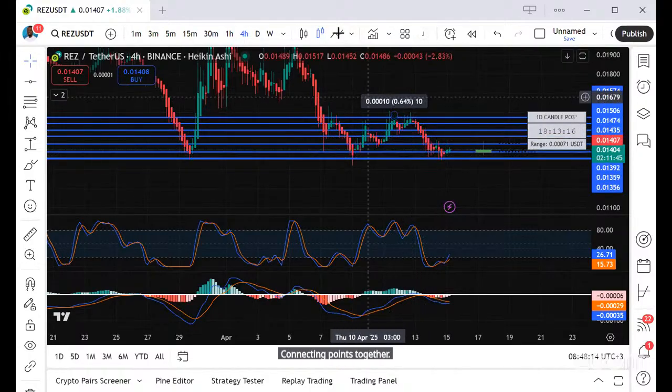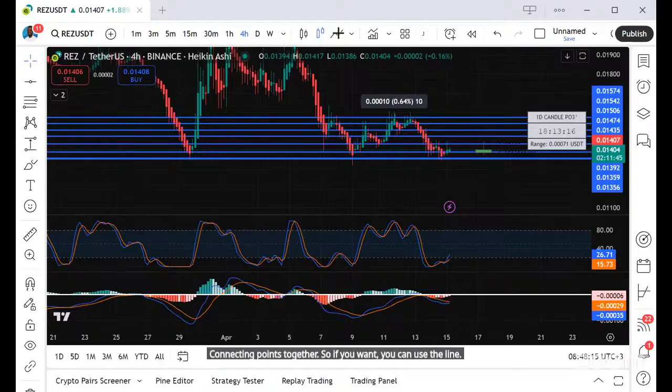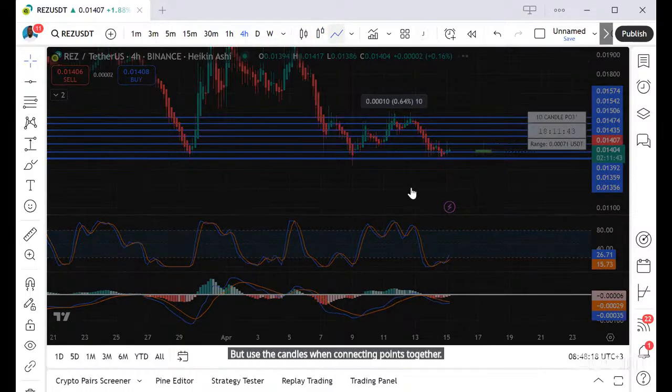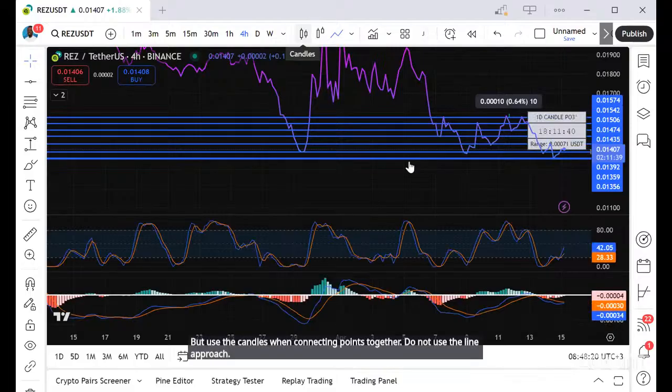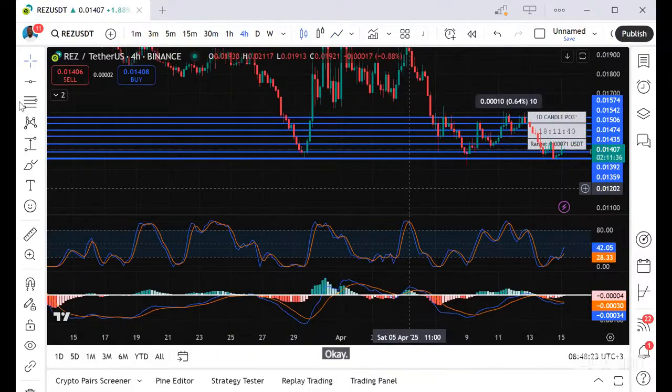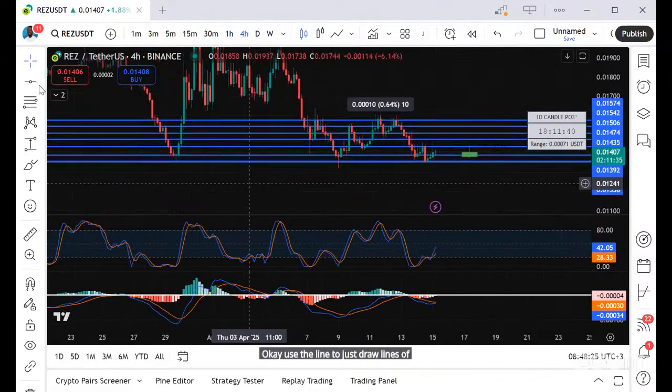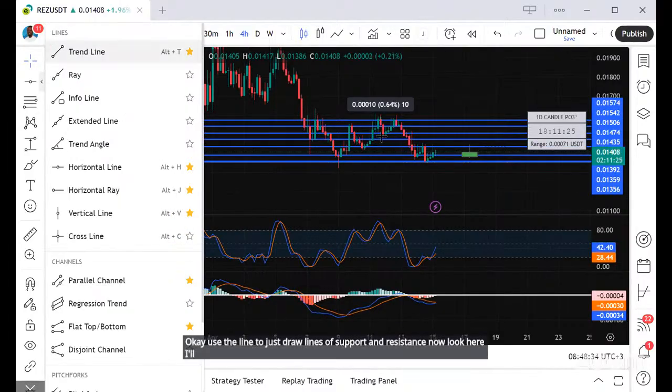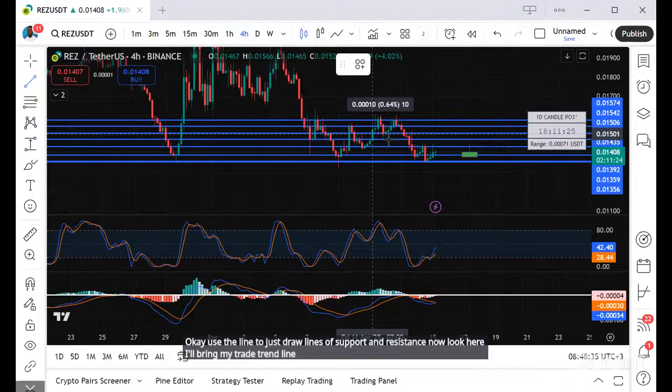If you want, you can use the line, but use the candles when connecting points together. Do not use the line approach. Use the line just to draw lines of support and resistance. Now look here. I'll bring my trend line. I connect this lower point to this lower point.